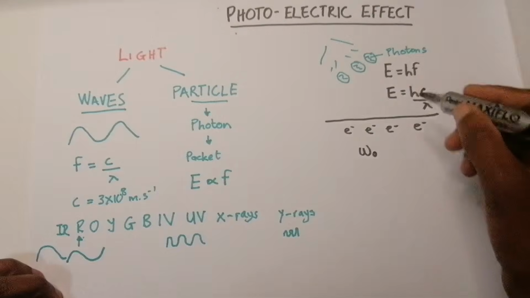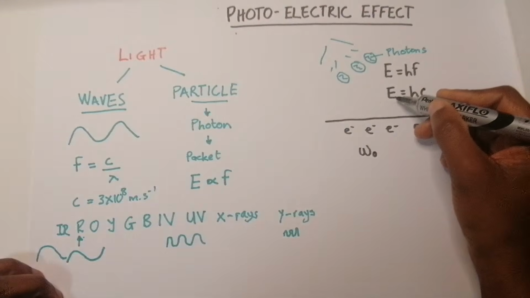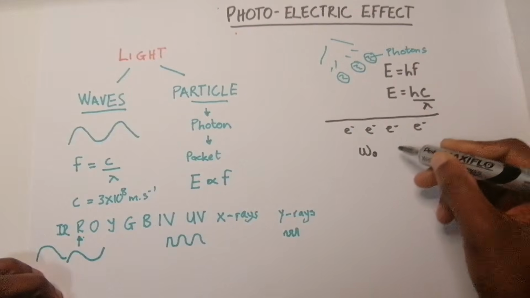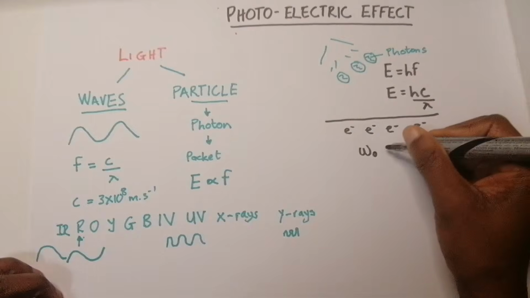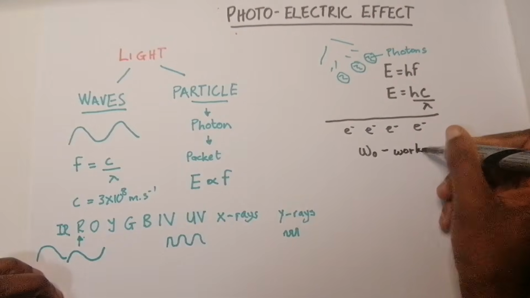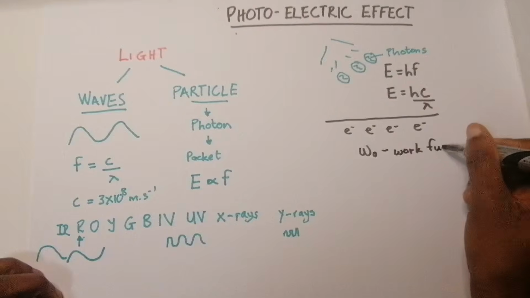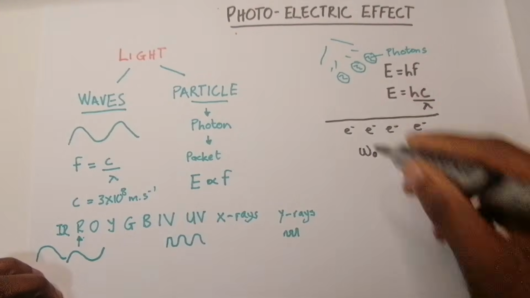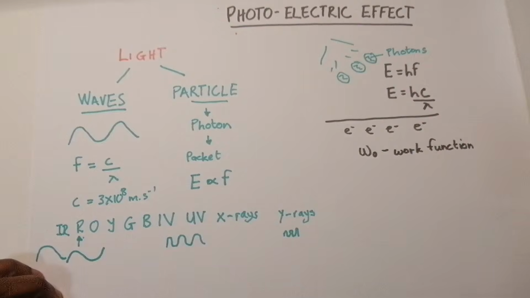Let me put it in a way that is going to be simple. So if the energy of the photon is less than the work function of the metal, what happens? It means no emission of electrons takes place. Okay? Right.